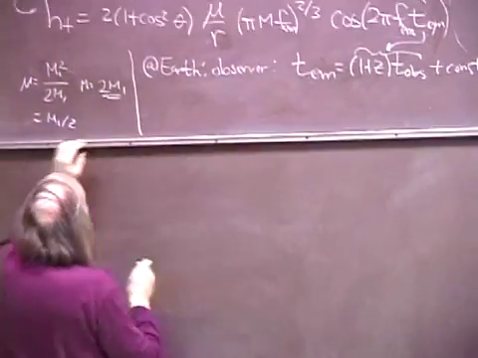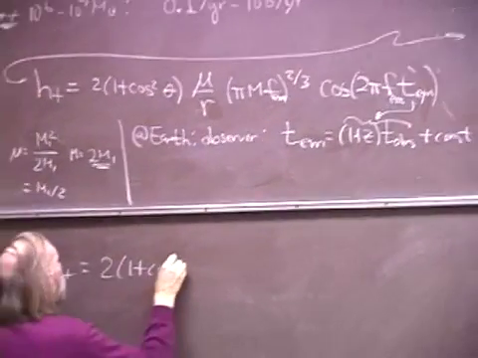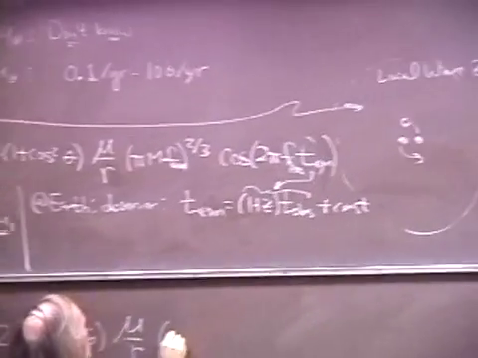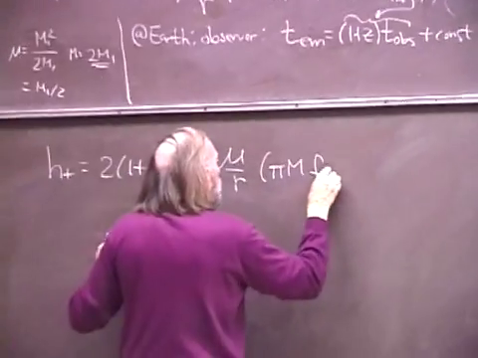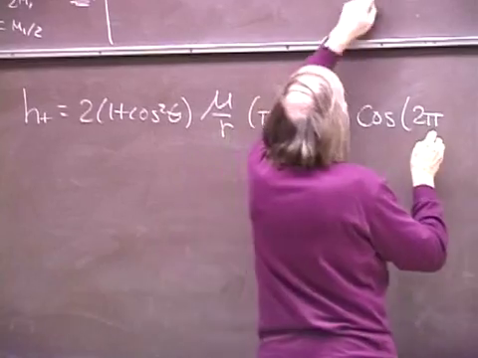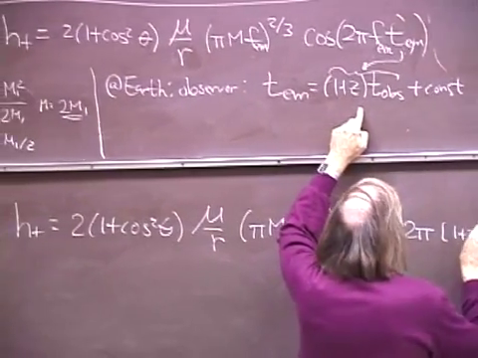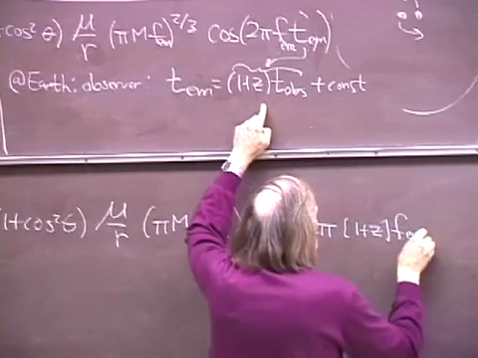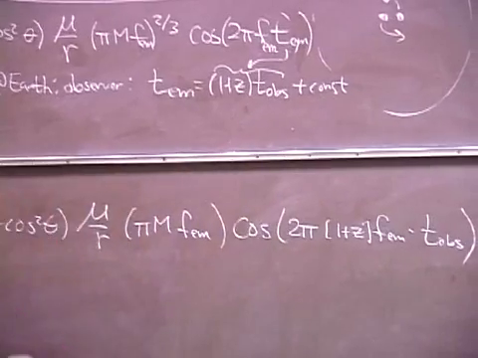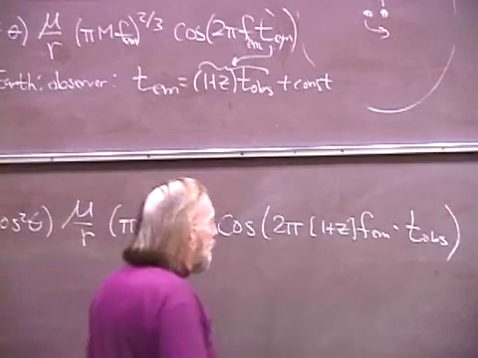And so I have that H plus is equal to 2 times 1 plus cosine squared theta, mu over r, pi m F emission to the 2/3, times the cosine of 2 pi F emission, which becomes 1 plus z F emission, times the time as measured on Earth, the observation time, plus some arbitrary constant, some arbitrary phase shift.